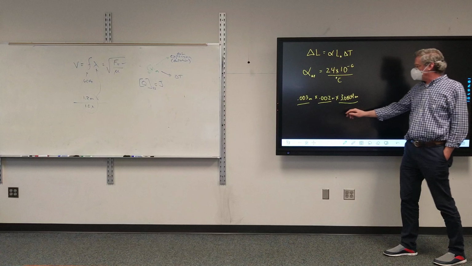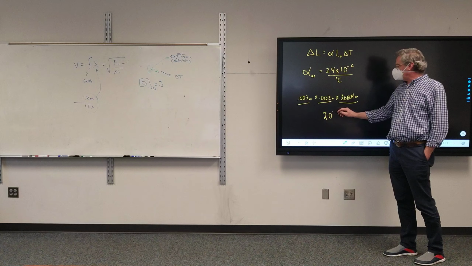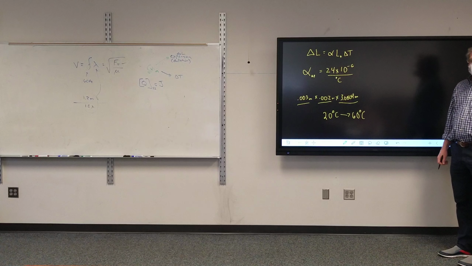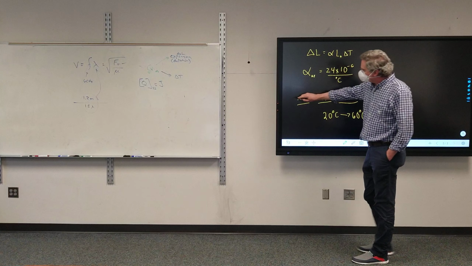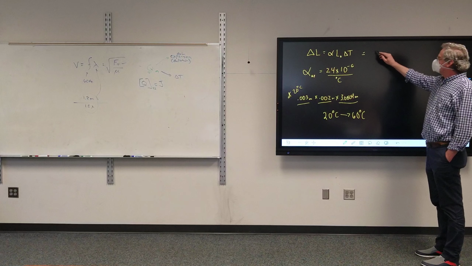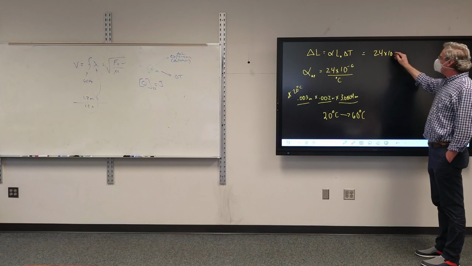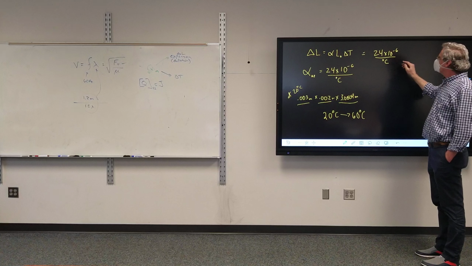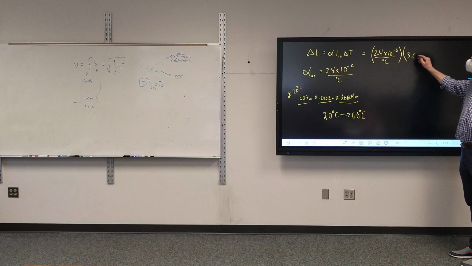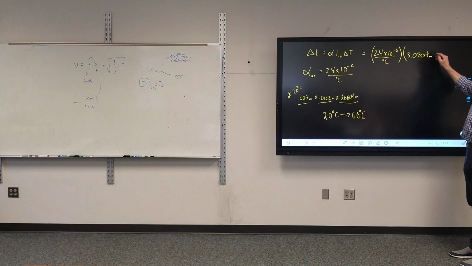So if I change the temperature from, let's say, 20 degrees Celsius to 60 degrees Celsius, how long is the bar now? So if this is the dimensions at 20 degrees Celsius, well, 24 times 10 to the negative 6 per degree Celsius, that's alpha, times L sub 0, the 3.0804 meters, times the change in temperature.